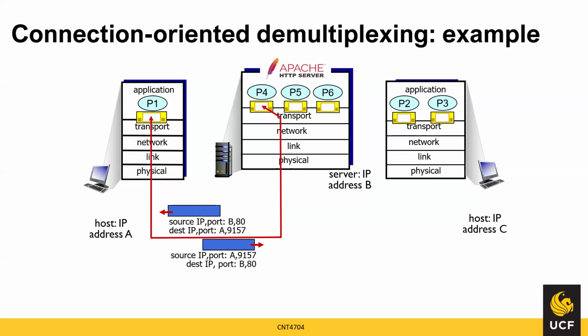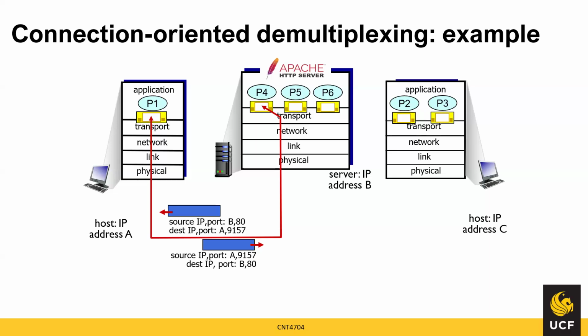First, P1 and P4 are communicating with each other. P1 is on the host, and we want the specific process for the Apache server. For the datagram flowing from A to B, which is P1 to P4, the source IP is A, and the source port number is 9157.